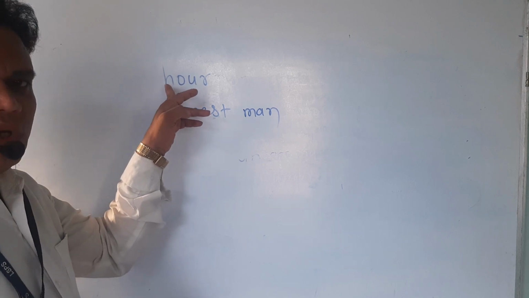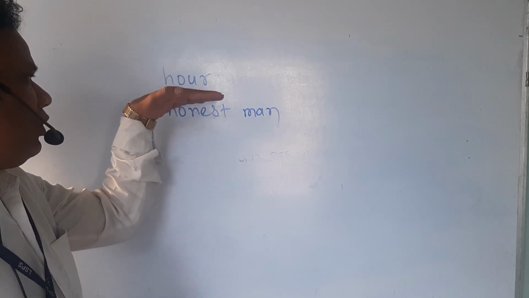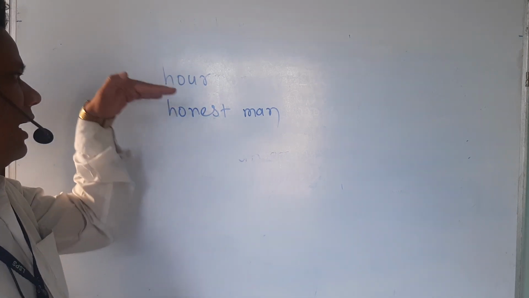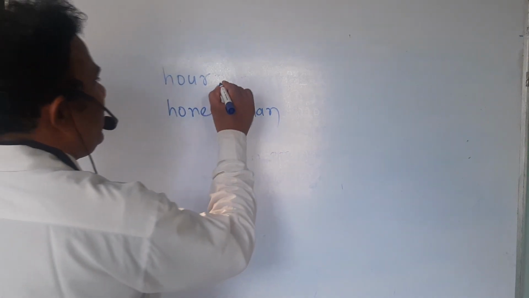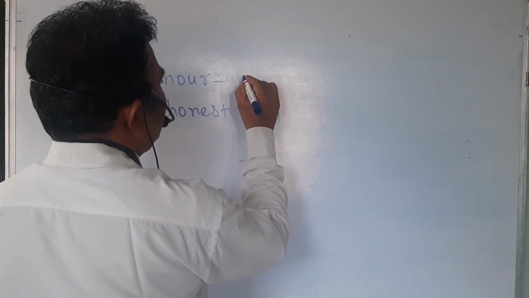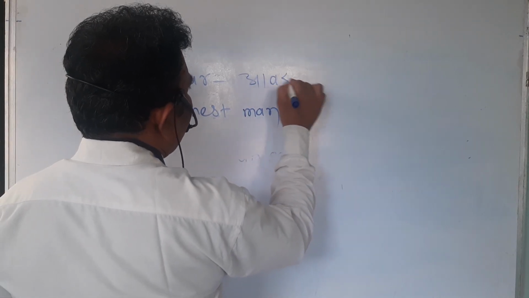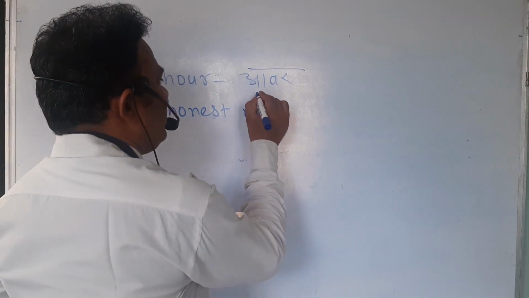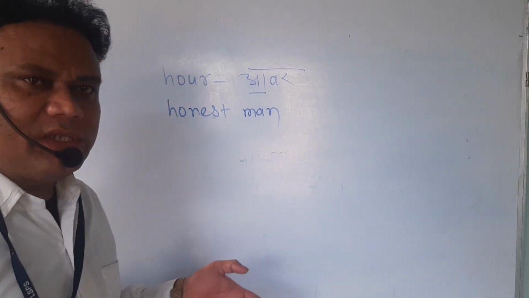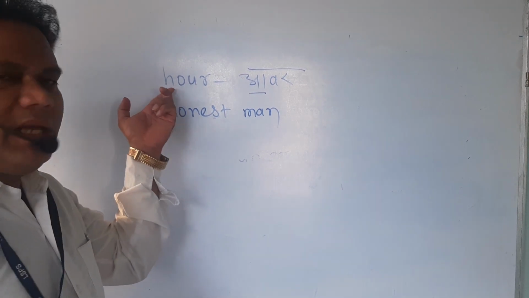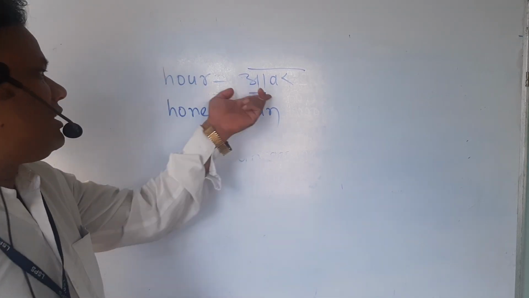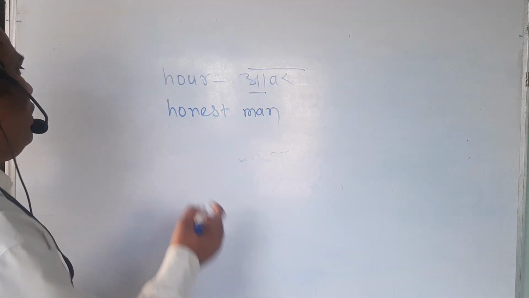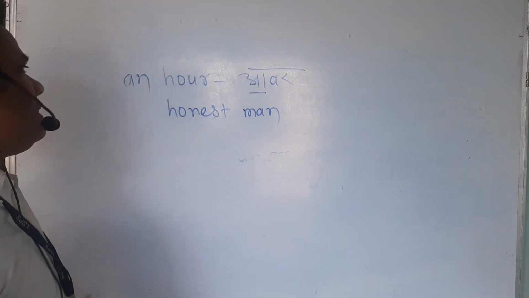But even if it is a consonant, we do not pronounce it as 'hour' with an H sound. We have to pronounce it as 'our'. Which sound is coming? While pronouncing this word, the sound of A is coming first. So even if the letter H is a consonant, the sound is a vowel, and that's why we have to use an.